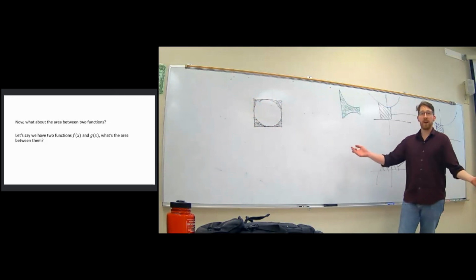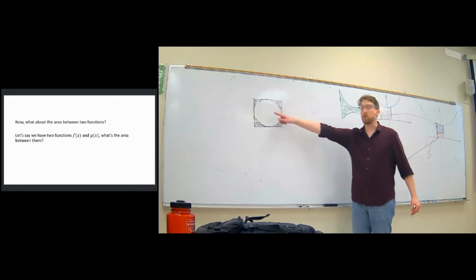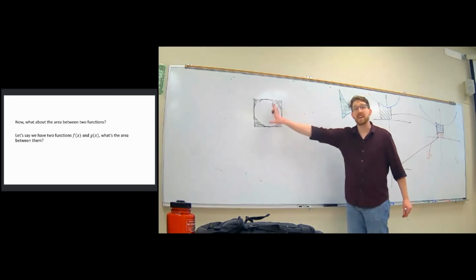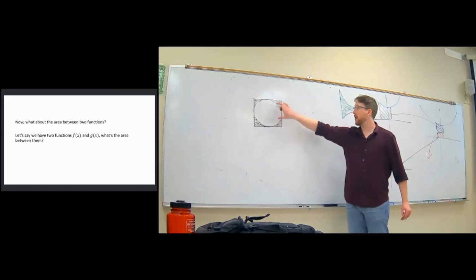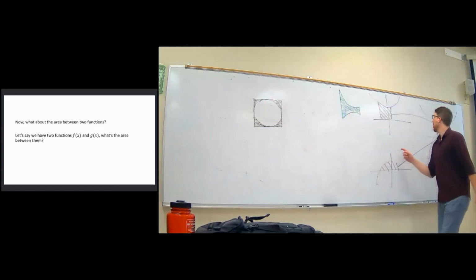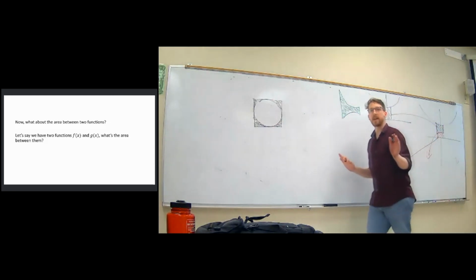Well, the way I can find it is by starting with the area of the square outside and subtracting from that answer the area of the circle inside. In the same way we can do that here to find the area of the black bit, the stuff that remains. We're going to do that here to find the area between two functions. It's the exact same idea.